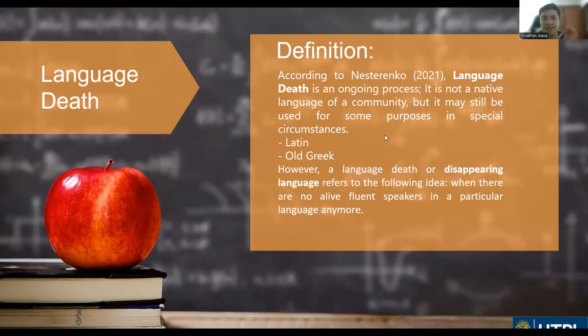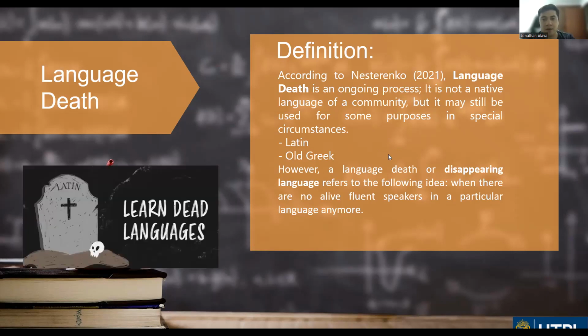But it is still being used or studied for academic purposes only. And plus, it teaches us a lot about our commonly spoken languages that are still in use, like the Romance languages, Spanish or Italian or French or Portuguese. In this case, here we have Old Greek also, which is another example of a dead language.